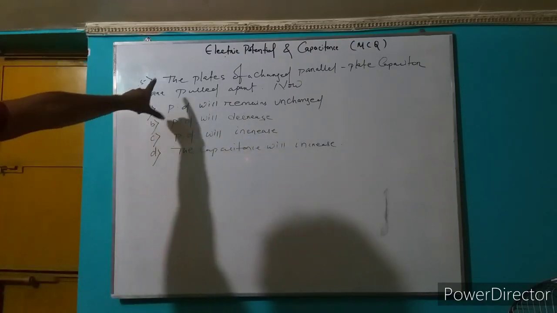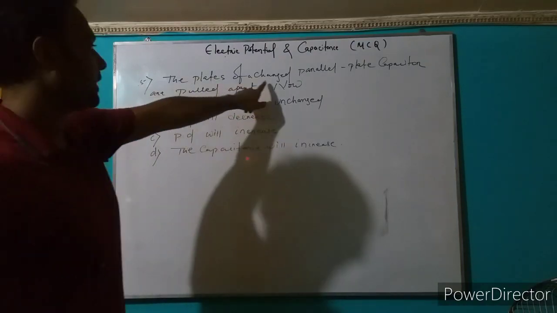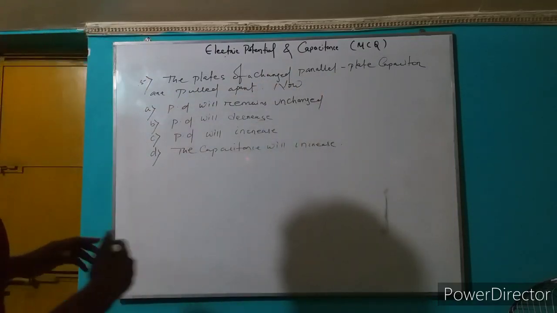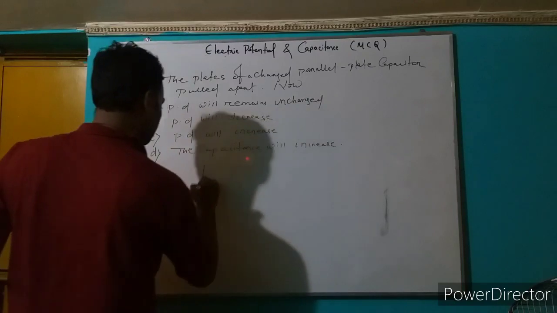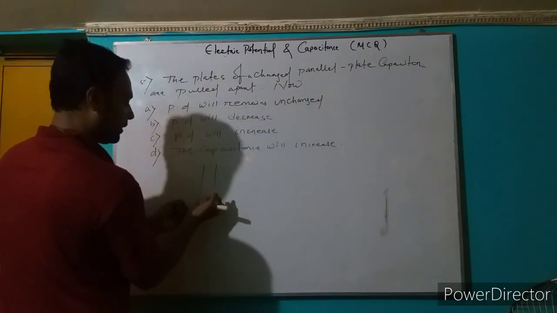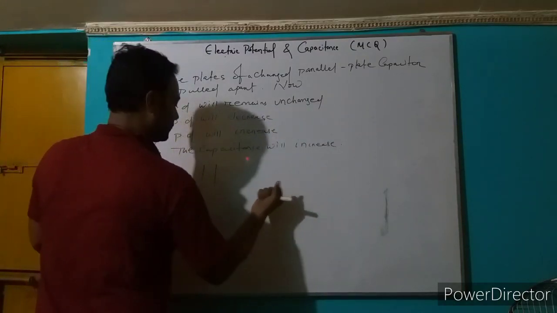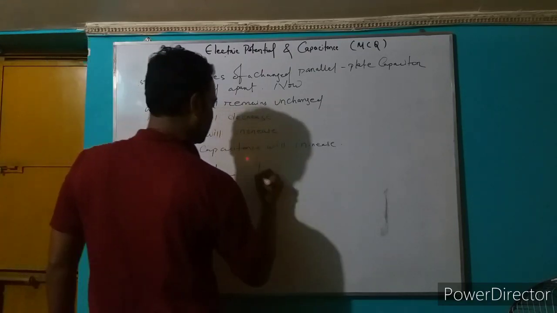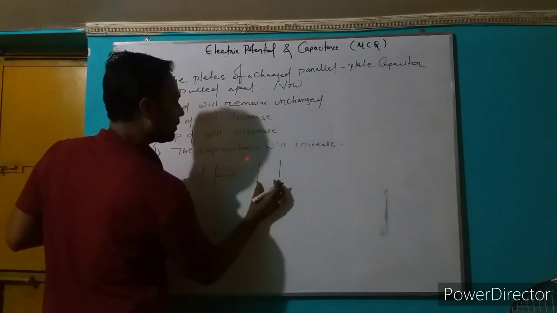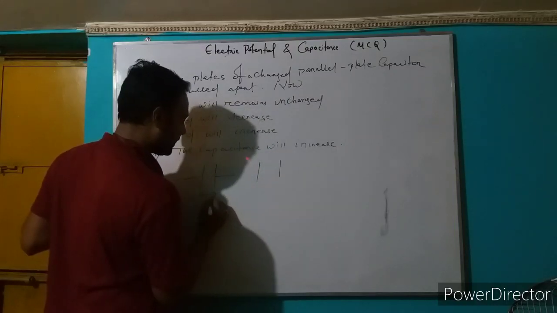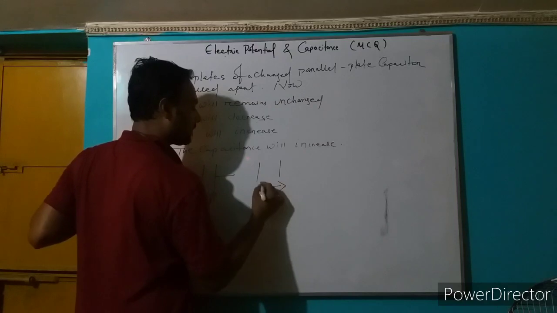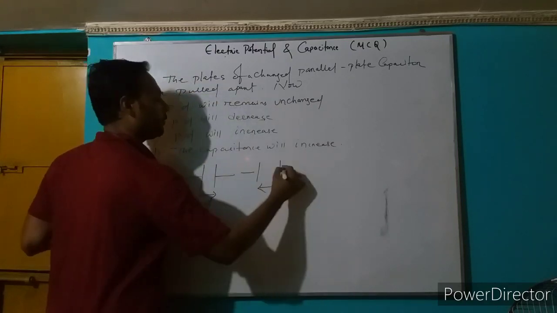Again I repeat, the plates of the charged parallel plate capacitor are pulled apart. That means the distance increases. This is the thickness D and this is the larger distance between the two plates.